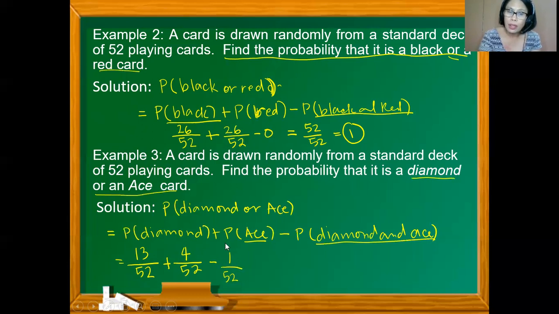So we have to subtract the overlapping number, which is 1. And this is their joint probability. So we have 16 all over 52, which is equal to 4 over 13.